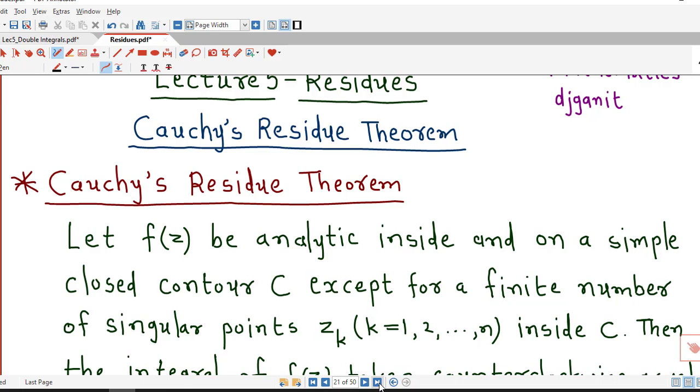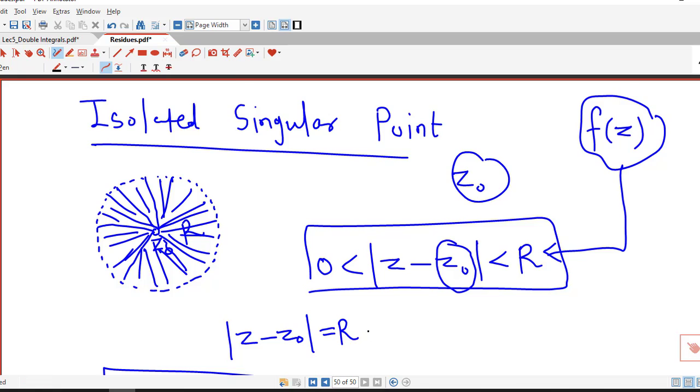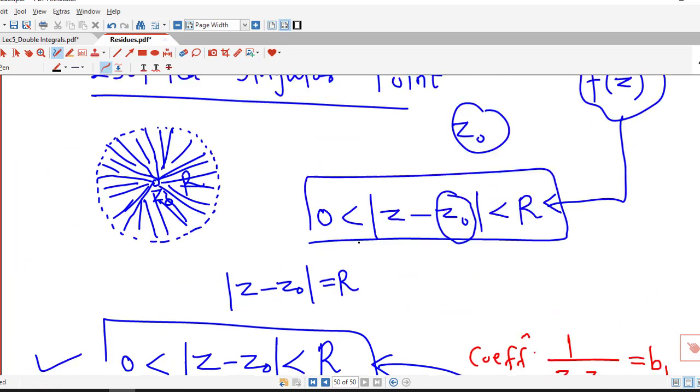For that, suppose we consider some function.